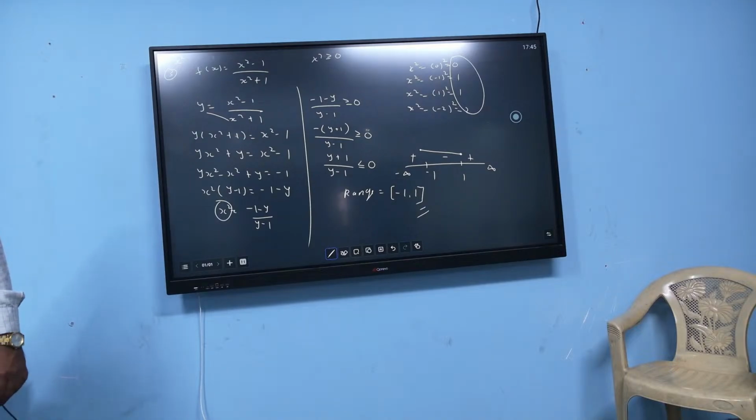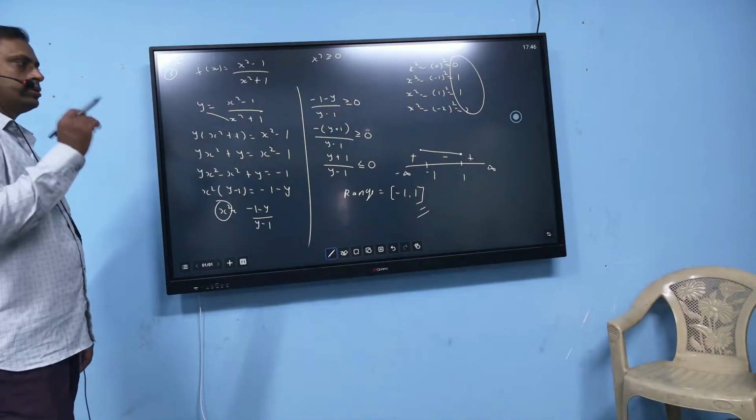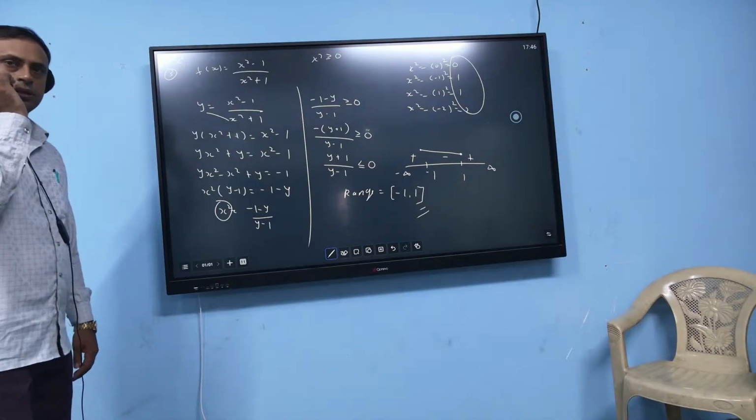Range is minus 1 to 1. Any doubt? You should know wavy curve method. For the domain, we did so many problems, 30 problems, 40 problems we completed by using wavy curve method. Is this okay? Any doubt?